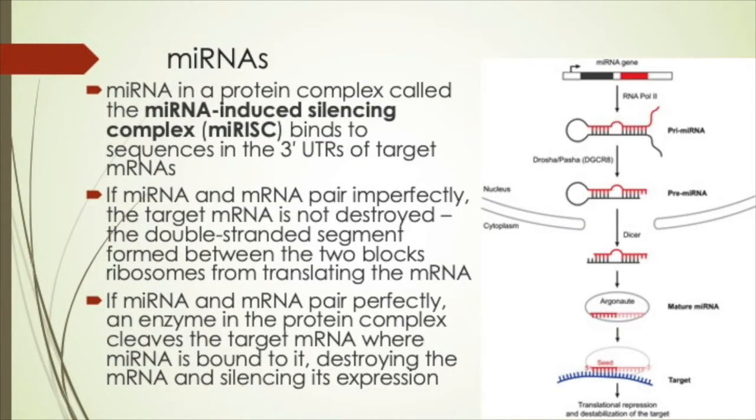So microRNAs, this is a protein complex that binds the sequences in the 3' UTRs of a target. So if miRNA and mRNA pair imperfectly, the target mRNA is not destroyed.